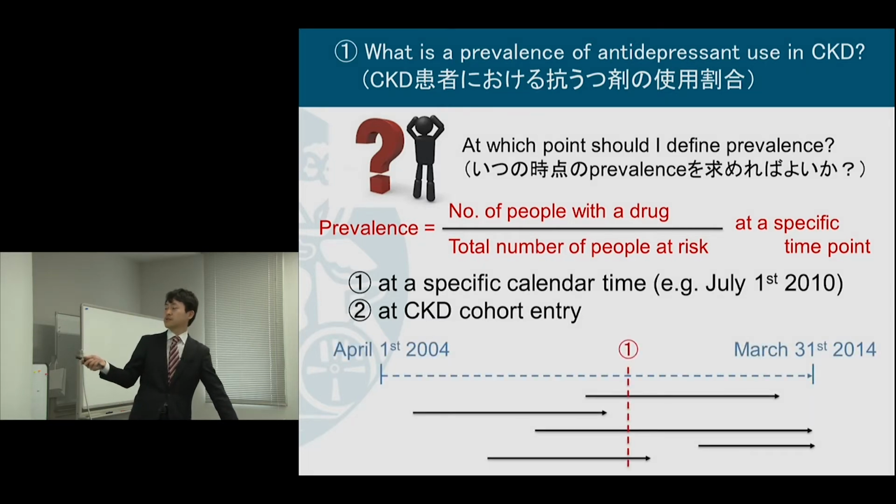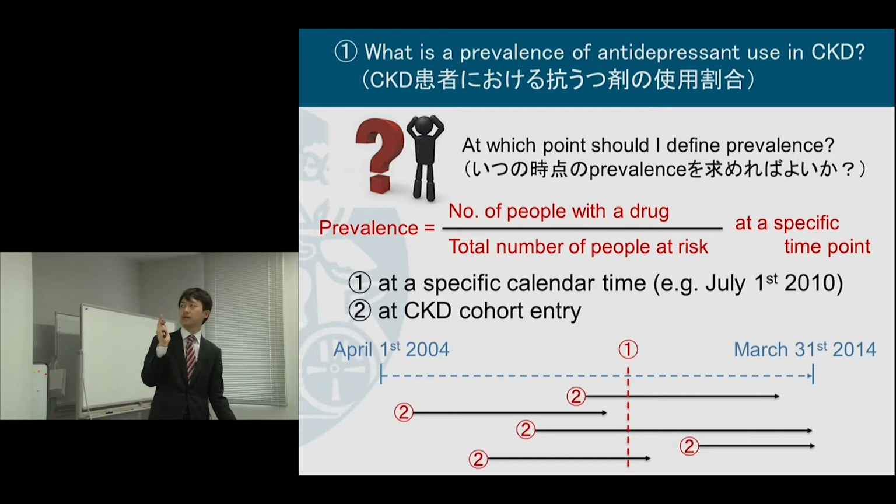So if I chose number one, it's like this. This is the CKD population. And this is the second option. If I wanted to estimate a prevalence in the general population, probably I chose the first option.